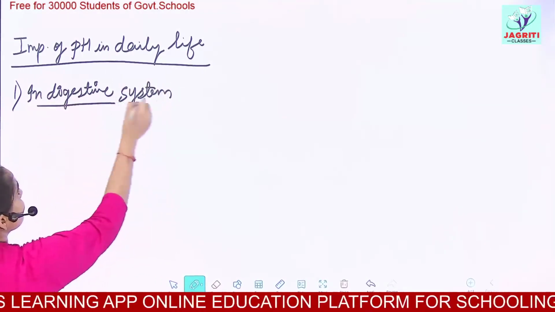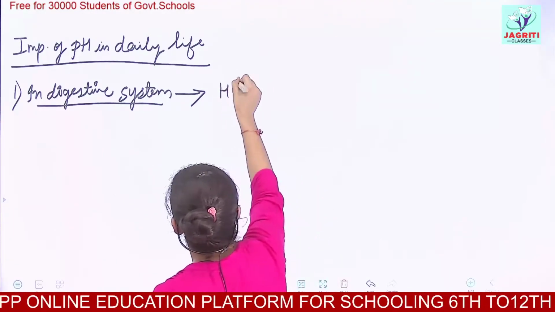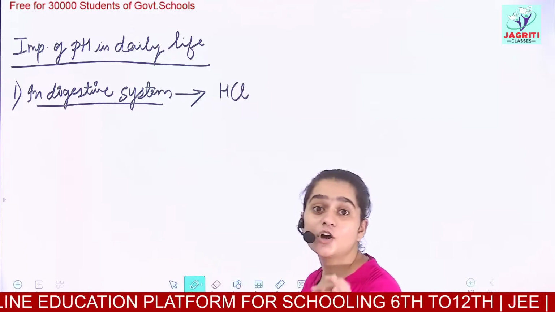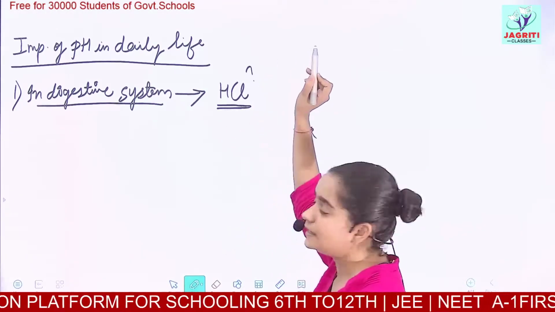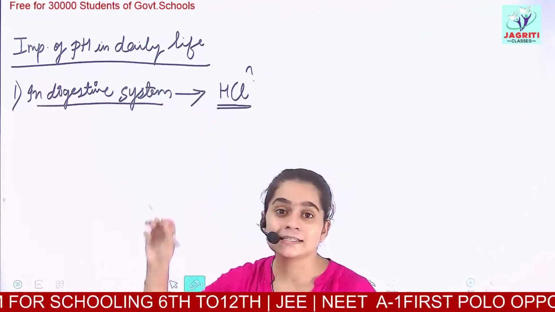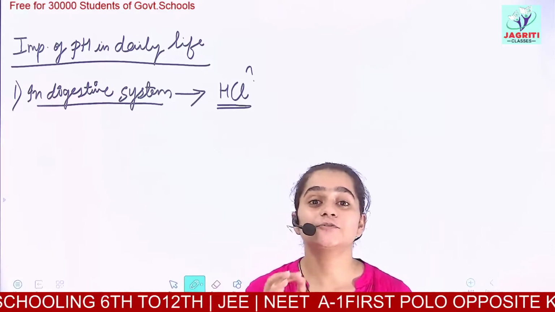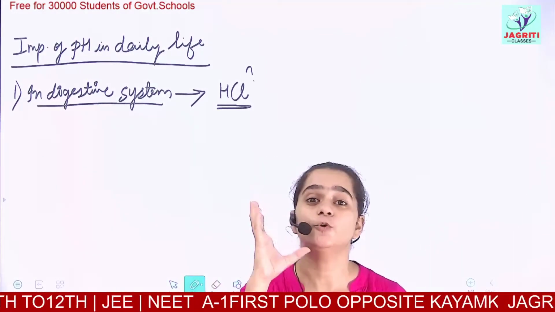Yes, students, the acid present in our digestive system, particularly in our stomach, is HCl, hydrochloric acid. What is the function of this acid? We generally read the functions in biology. Its function is to digest fats, or to kill the germs or bacteria which enter the body with the food.